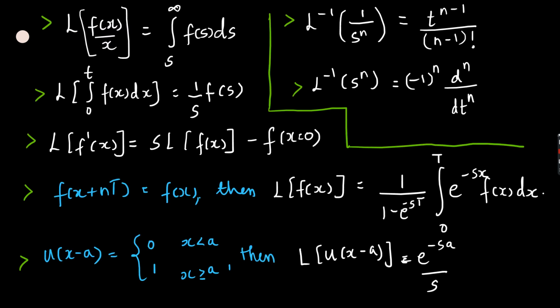But you have to remember this periodic function formula, because if you try substituting your function and derive this formula and then solve your question, it is going to be a time-taking process. So you have to just remember this periodic Laplace transform property. And these two above here, L inverse represents the inverse Laplace transform.